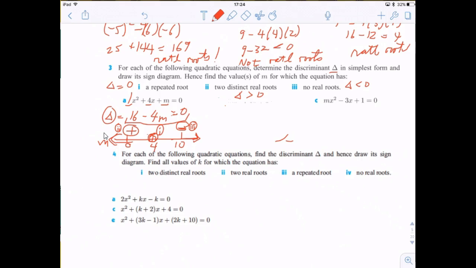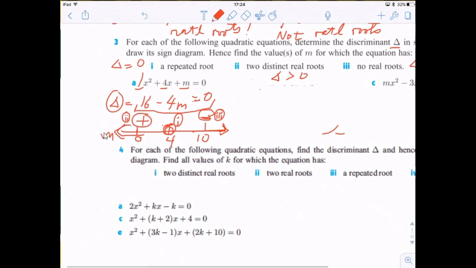three possibilities. Okay? So if I wanted to write the full solution, I would write something like: if m is less than 4, then delta is greater than 0, which means case 2, right?